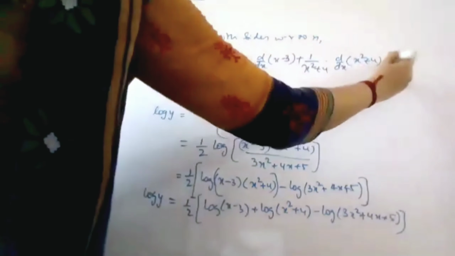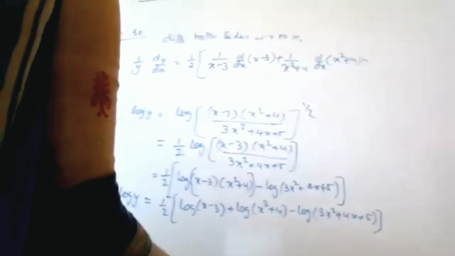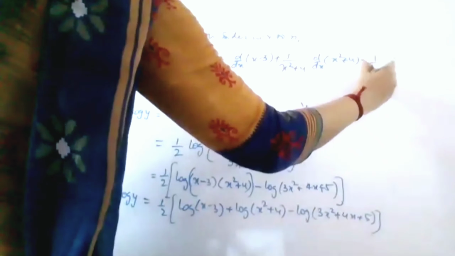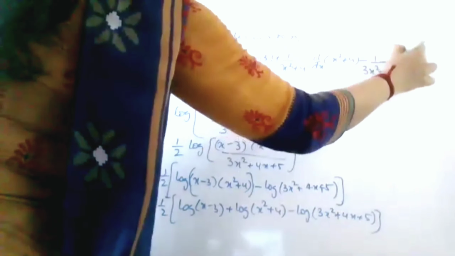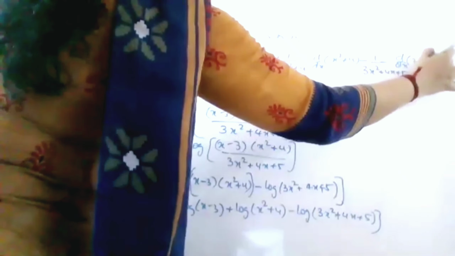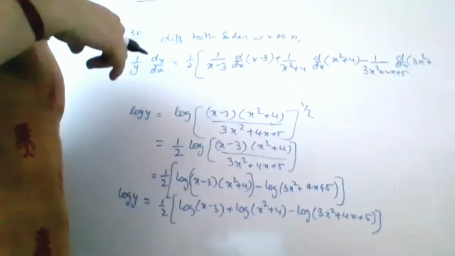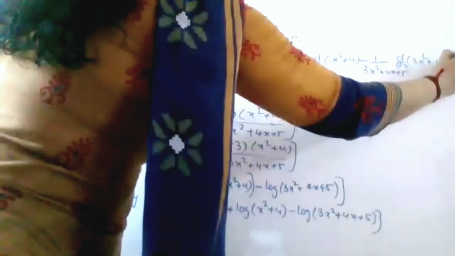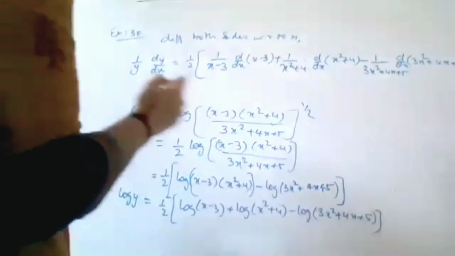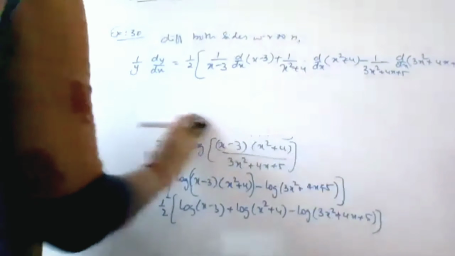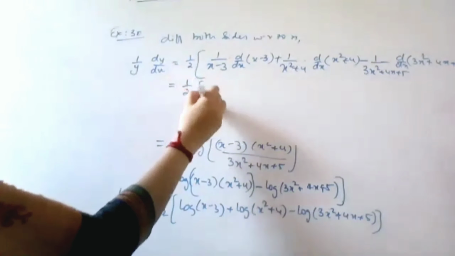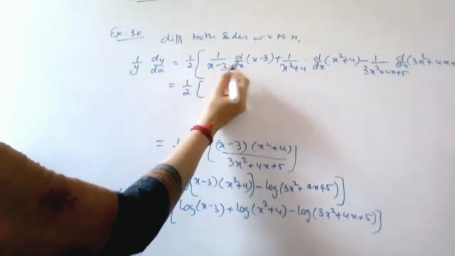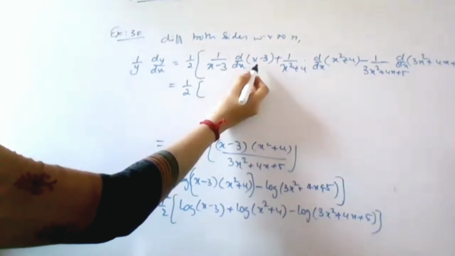Then minus 1 by 3x square plus 4x plus 5 into the derivative of 3x square plus 4x plus 5. So you will get 1 by 2 into 1 by x minus 3, and the derivative of x minus 3 will give you 1.